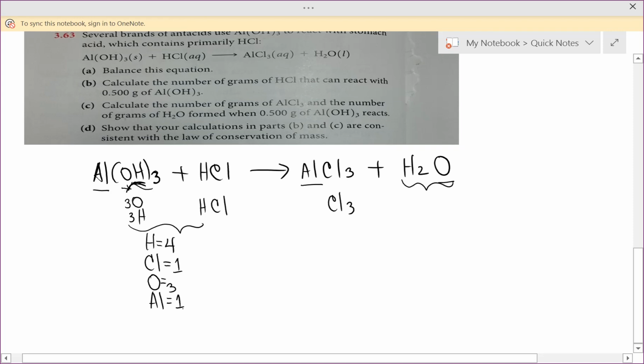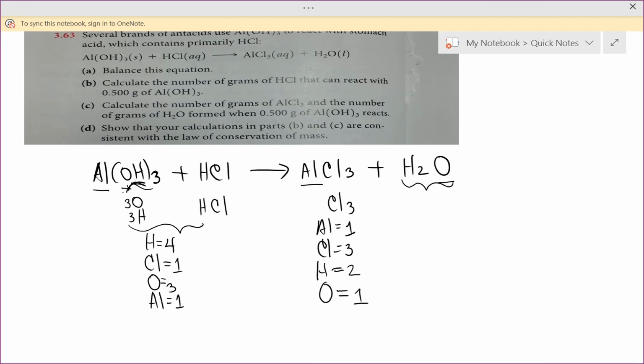That's for the reactants. In the case of the products, we have 1 aluminum atom. For chlorine we have 3. For hydrogen we have 2 atoms, and for oxygen we have 1. So that means that we need to find a value that can multiply the reactants and the products to make all these atoms in the same amount.